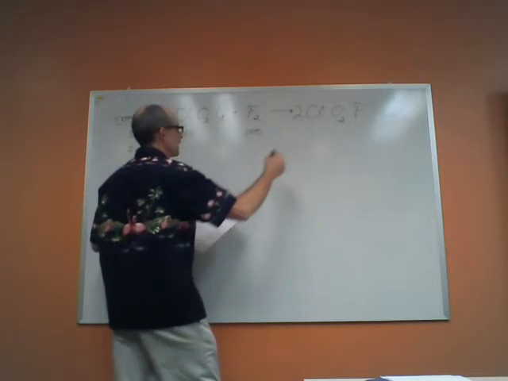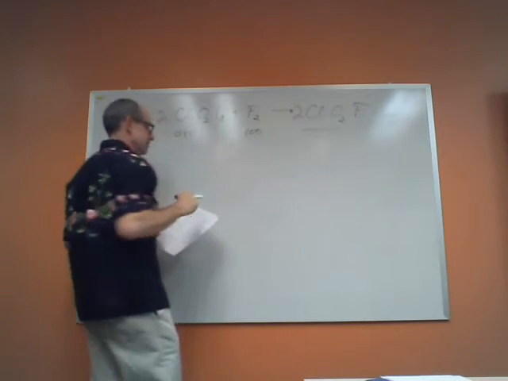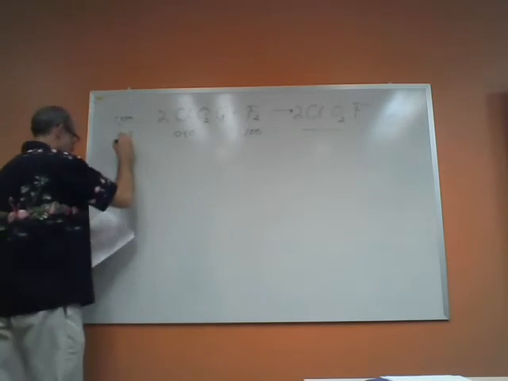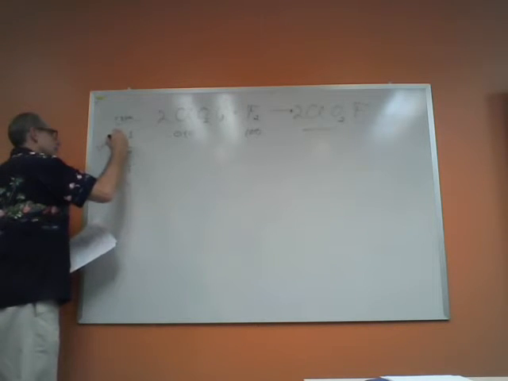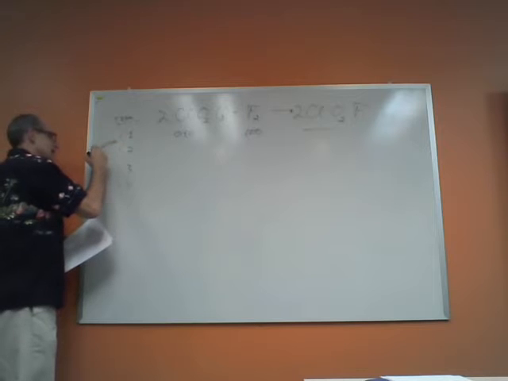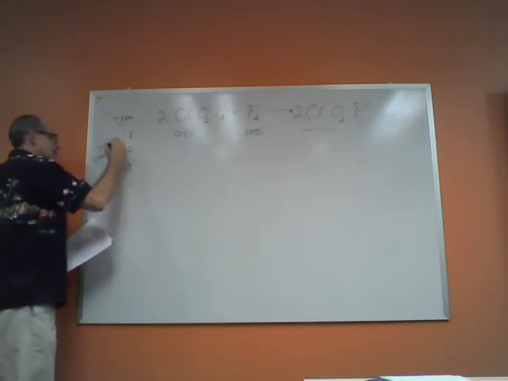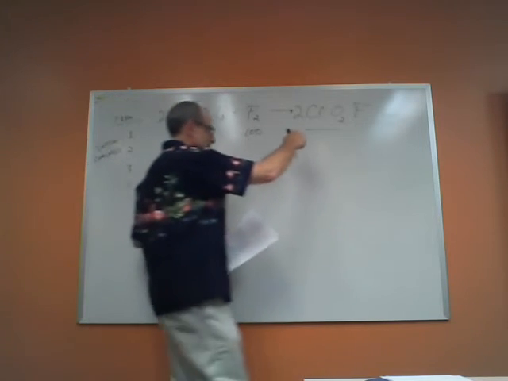And I don't care about the concentration of this. These are all initial concentrations, right? When I've set up my reaction, and it's just getting started, so I typically don't have any product.